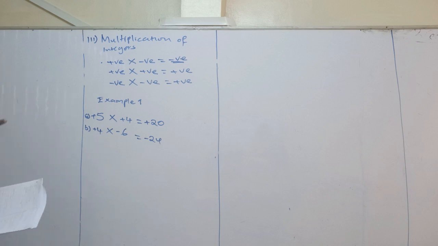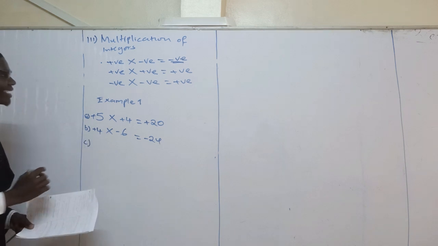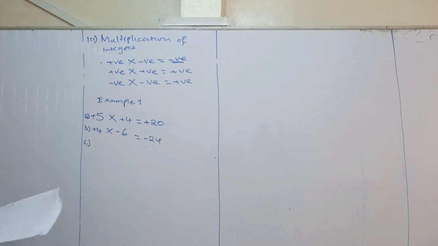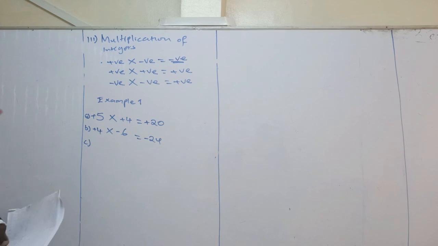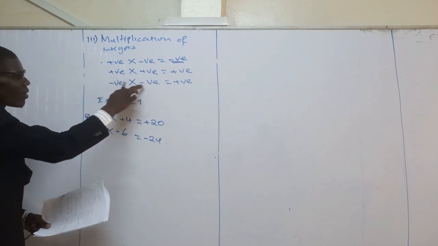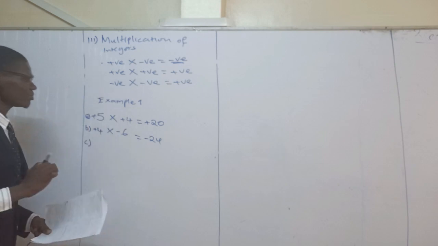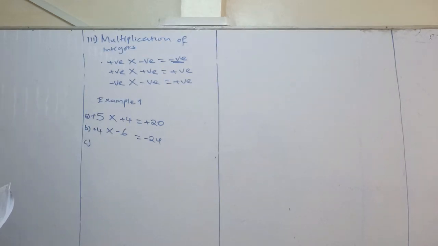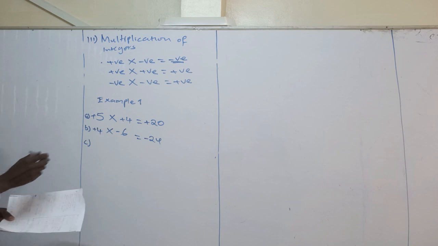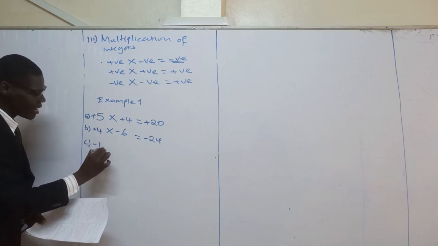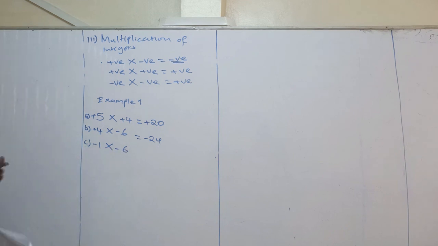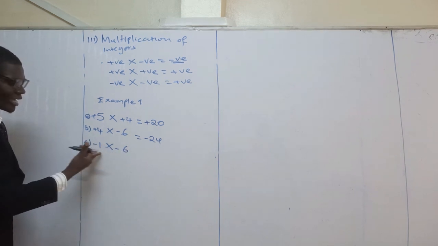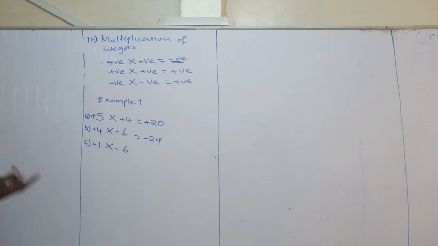Part C of example 1, I can have a question where the two integers are both negative. For example, I get a negative 1, I multiply by a negative 6. The two integers are both negative, so my answer must be positive.